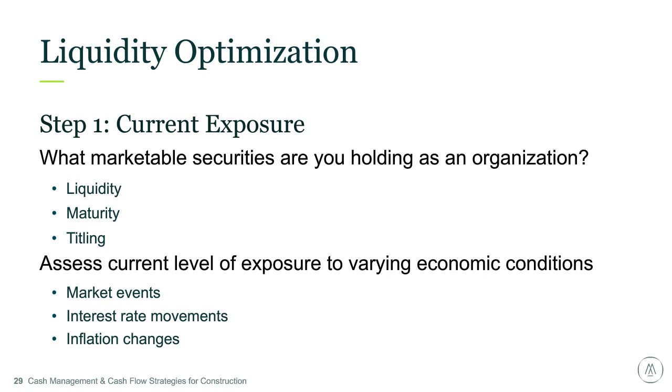Maybe you just hold cash, or maybe you hold several laddered CDs because you're part of a CDARS program. Sometimes we see municipal bonds on the books because the owner really likes a certain revenue project, or even some random stocks. But it's really all about looking at the collection of those assets and evaluating your overall level of exposure to the risks that we discussed earlier.